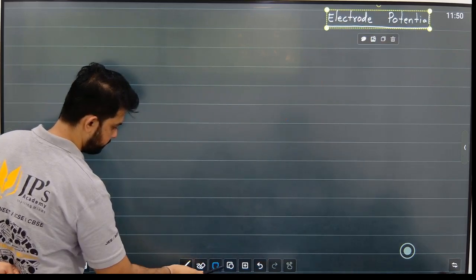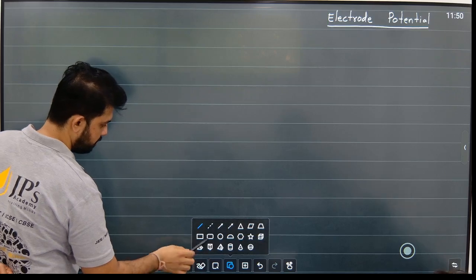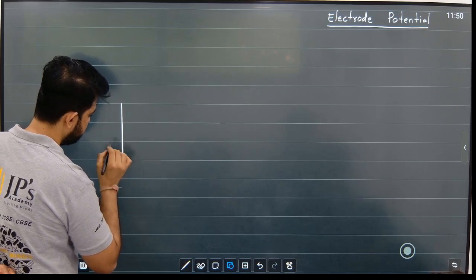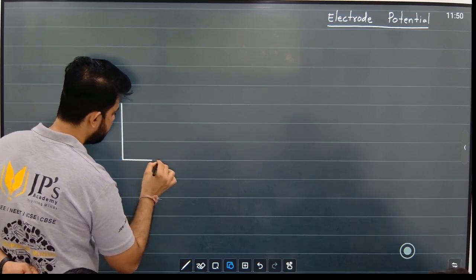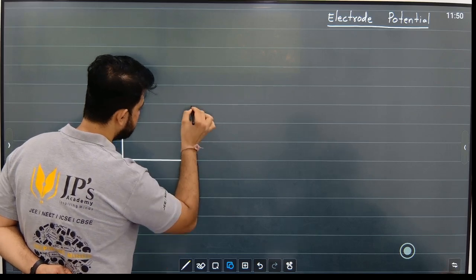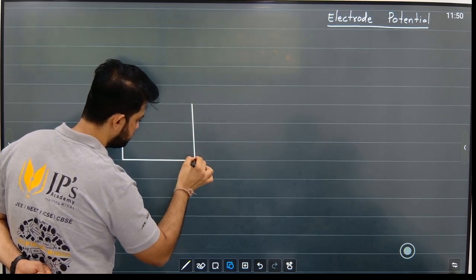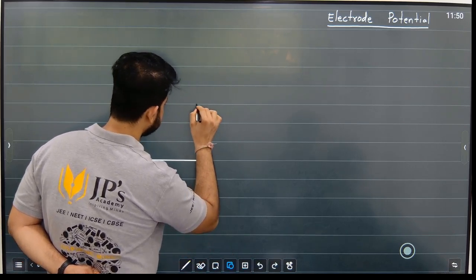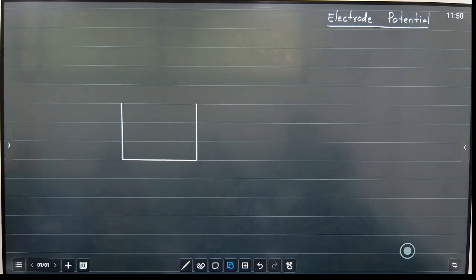Now, we go back to the same setup. The first electrode that we had learned. What was the first electrode, people? Metal in metal ion electrode. What was metal in metal ion electrode?